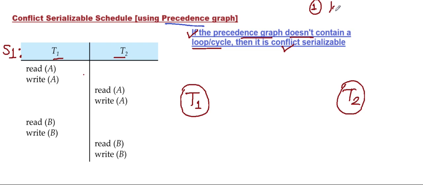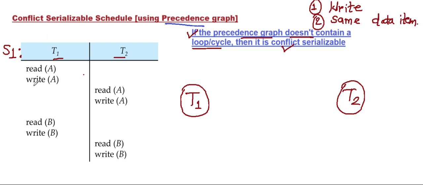First, whether there is a write operation, and second, whether that write operation has a conflicting pair in another transaction on the same data item. We check that it is on the same data item and belongs to a different transaction.